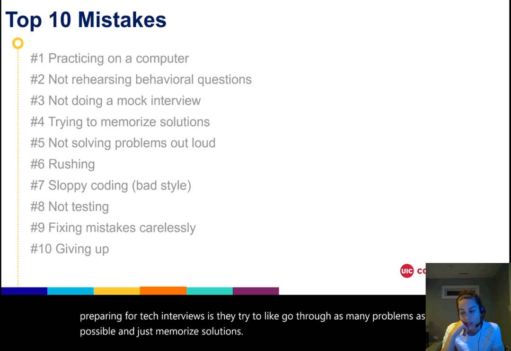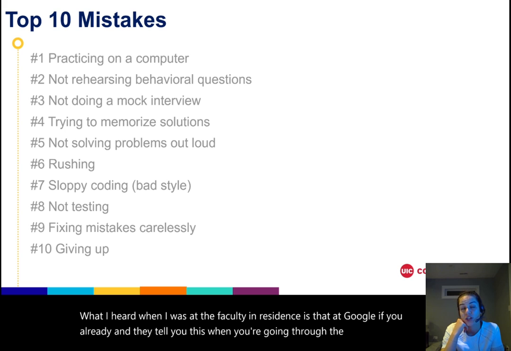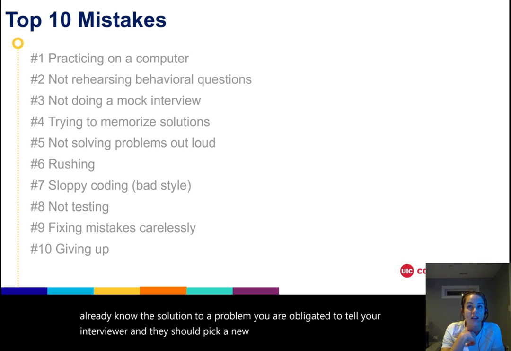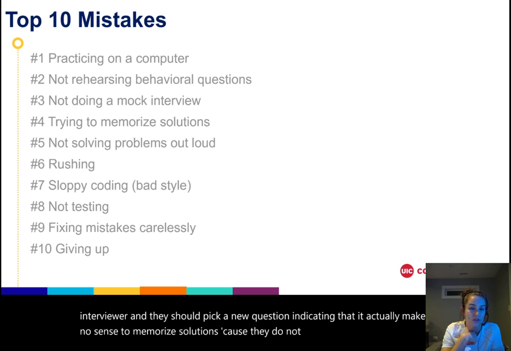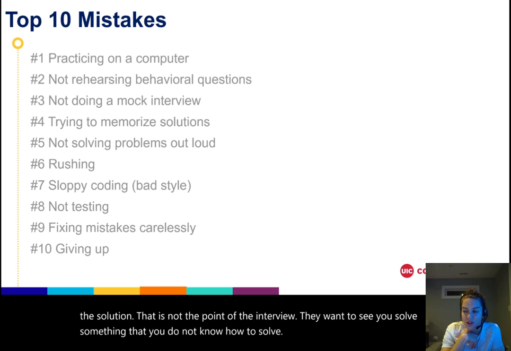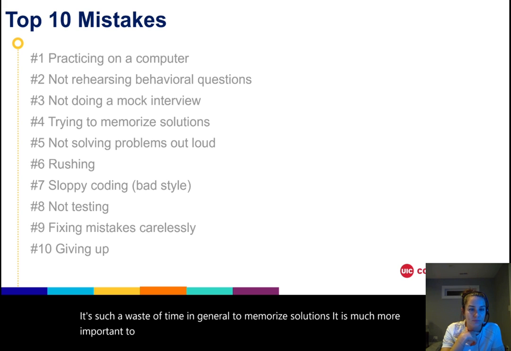What I heard when I was at the faculty in residence is that at Google, they tell you this when you're going through the process, if you already know the solution to a problem, you are obligated to tell your interviewer and they should pick a new question, indicating that it actually makes no sense to memorize solutions because they do not want you to already know the solution. That is not the point of the interview. They want to see you solve something that you do not know how to solve. It's such a waste of time in general to memorize solutions. It is much more important to practice solving problems.